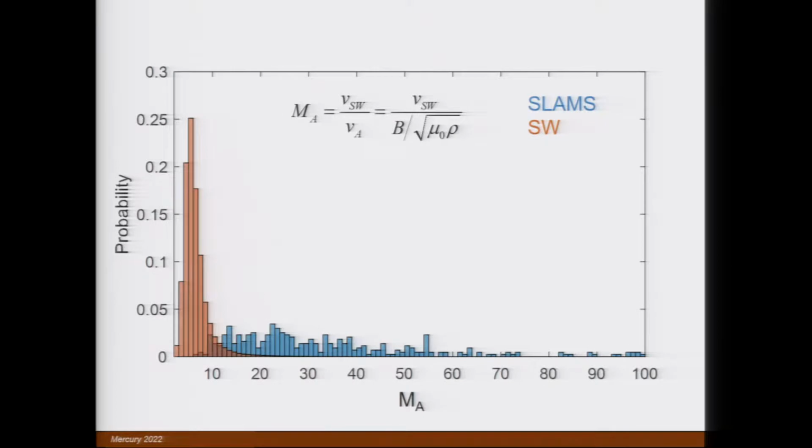So using that modeling of the density for our particular events, we can calculate the Mach number. And we see for the general solar wind, the Mach number is typically 5, maybe, at Mercury. But we have this totally different distribution of Mach numbers for our SLAMS events. So they happen at high Mach numbers. High Mach numbers can drive nonlinear processes creating these SLAMS.